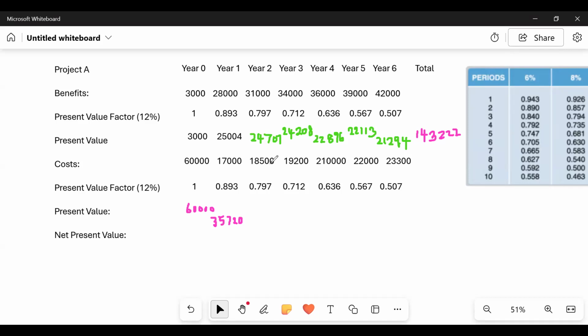Then you'll get 18,500 after 2 years' time. So when you multiply 18,500 with 0.797, oh, sorry, I made a mistake. It's 60,000, then it's not 35.